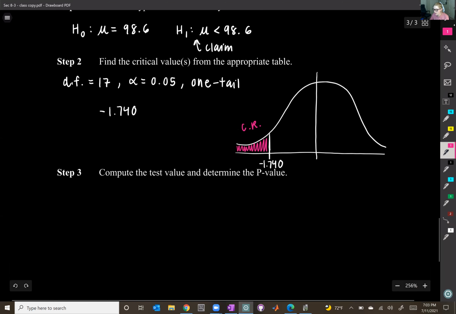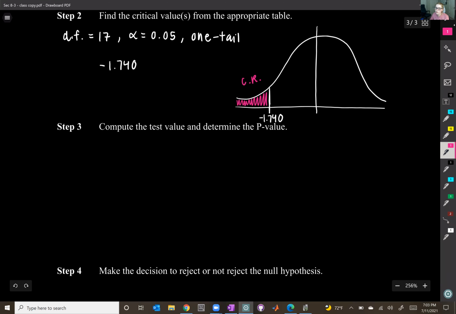All right, so next we're going to compute the test value and also determine the p-value while we're at it. So our test value is t. t is equal to x bar minus mu over s divided by the square root of n, which is equal to 98.217.